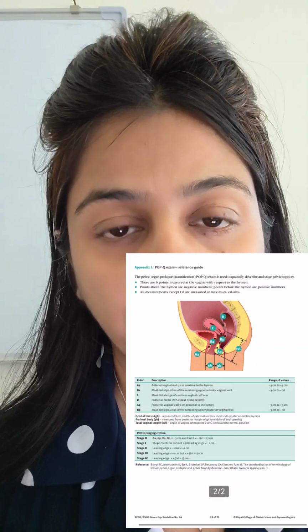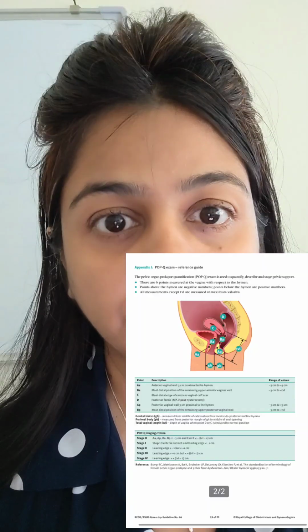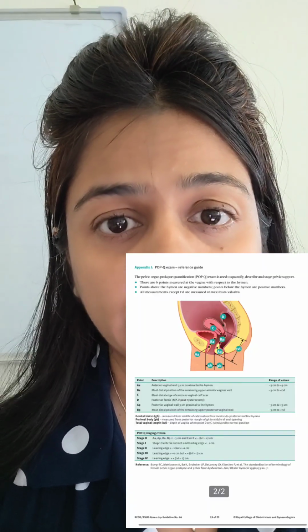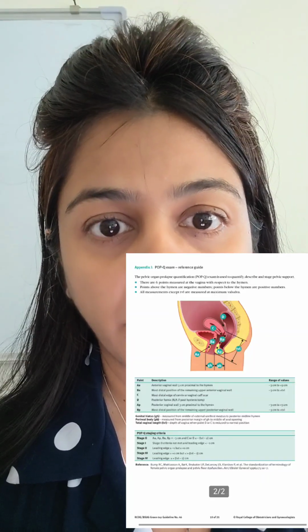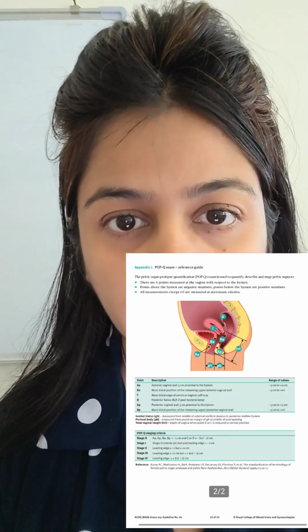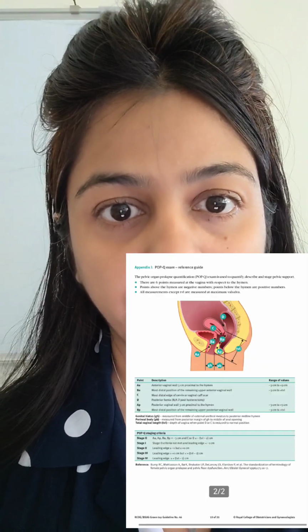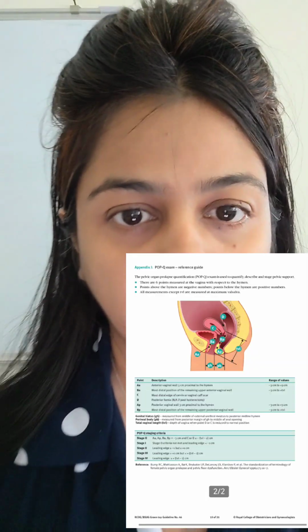That's why these are taken at maximum straining. All right, so now I think you have cleared in your mind that above the hymen is a negative number and below the hymen is a positive number.